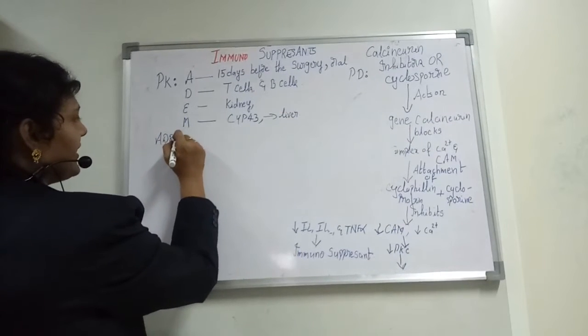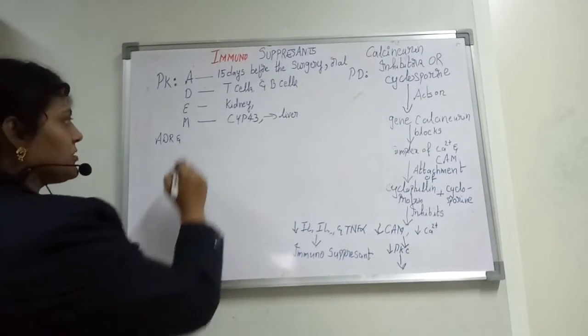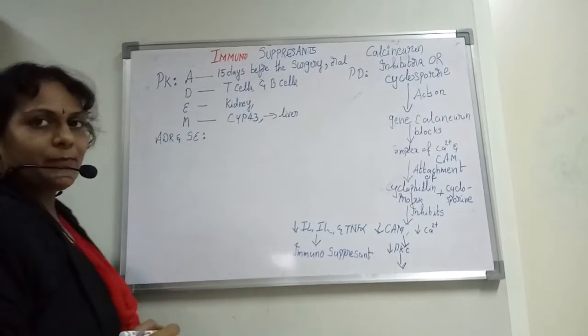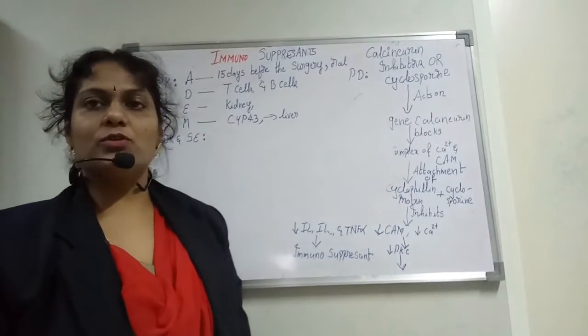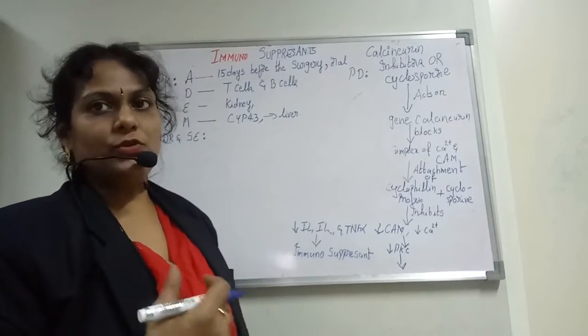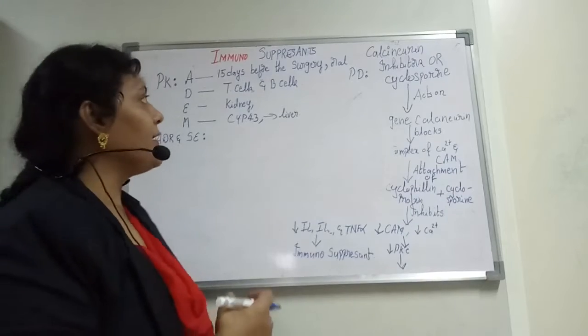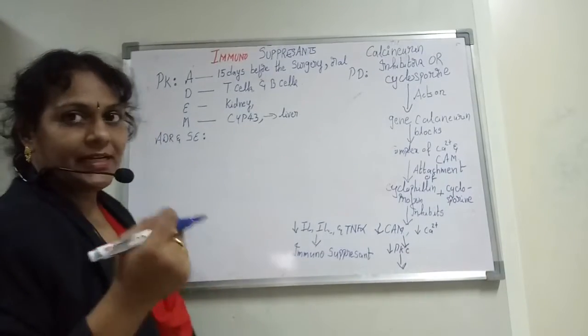We know that ADR stands for adverse drug reactions and SE stands for side effects. So here there are different types of side effects in ADRs, which occur whenever we have to use these immunosuppressants more and more in quantity. And here I want to highlight one more point.